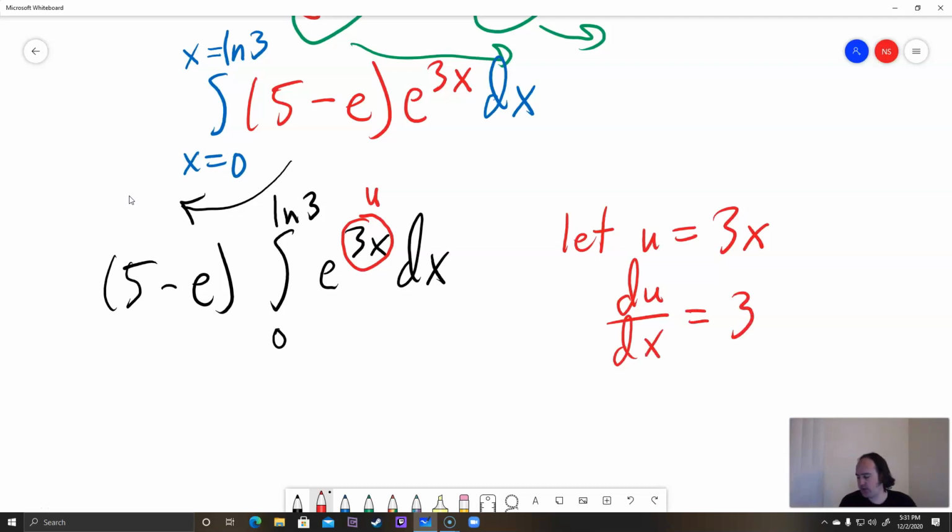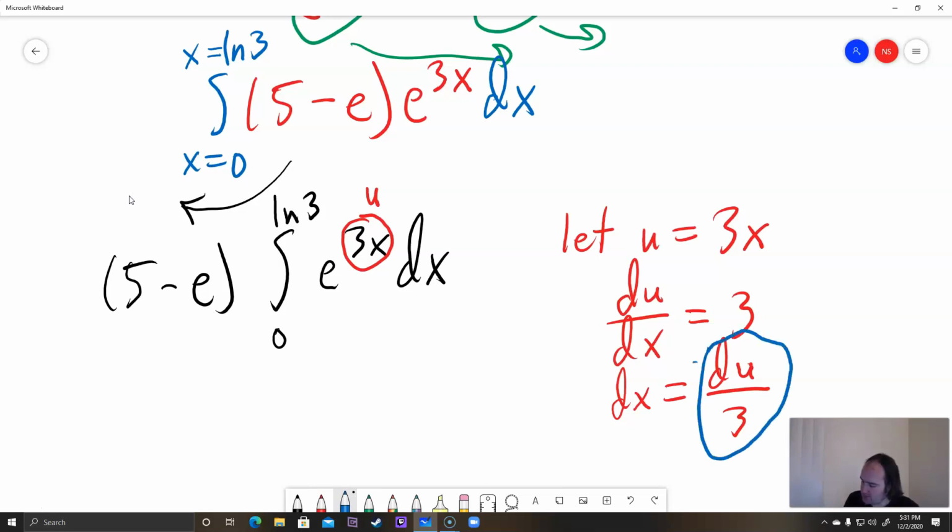And then multiplying both sides by dx and dividing both sides by 3, we get dx equals du over 3. Now, why am I writing it as dx equals du over 3? Well, I have to plug it in here. So I have to plug in du over 3 in for dx right there.